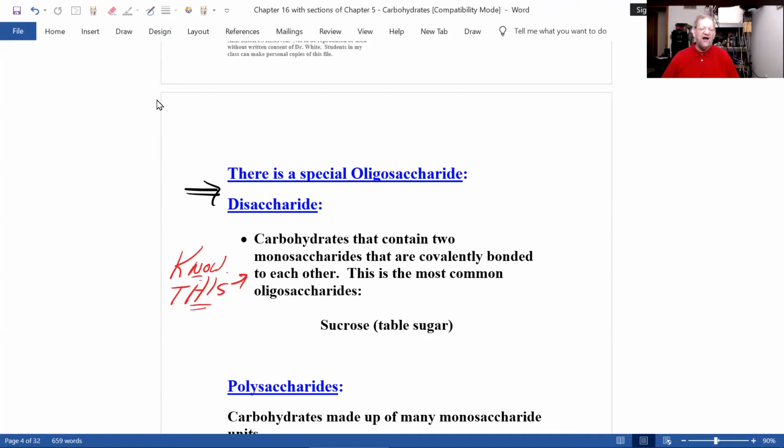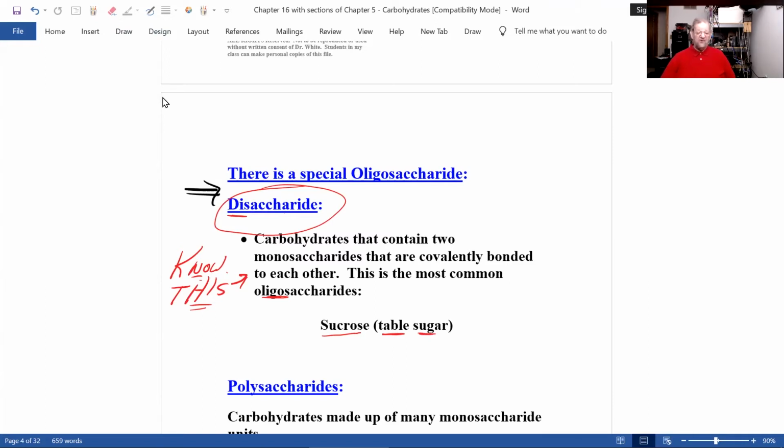And that's a disaccharide. Di, you know, means 2. That's 2 monosaccharides covalently bonded to each other. And the most common disaccharide, which is also an oligosaccharide, but you should know this is a disaccharide, is a compound called sucrose. That's a common name. You know it as table sugar or sugar.